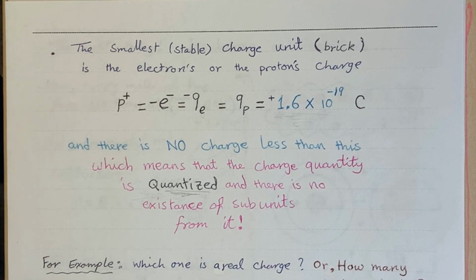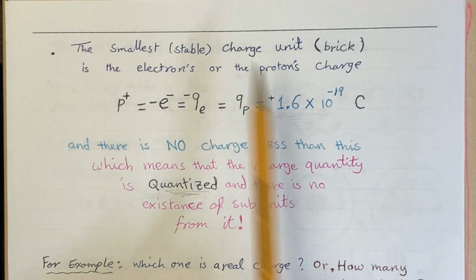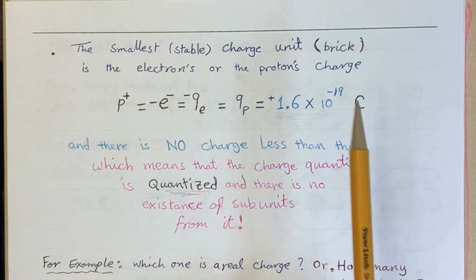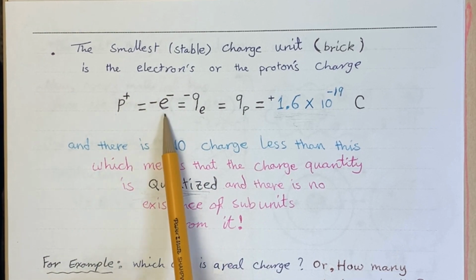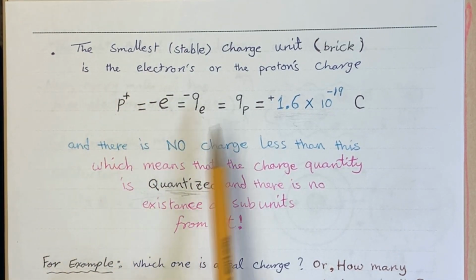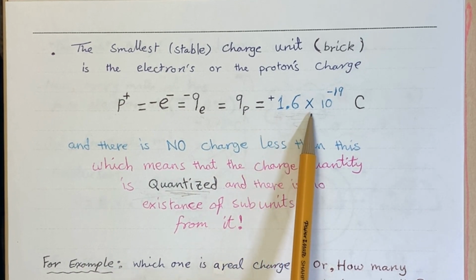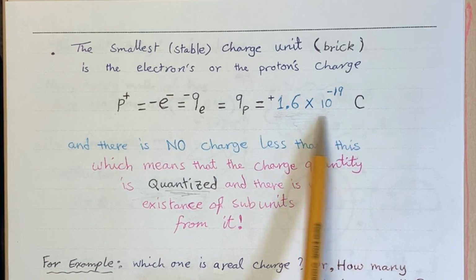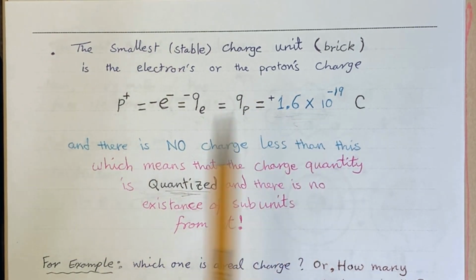And the smallest stable charge, or the brick to build the other charges, is the electron charge or the proton charge, which are the same with opposite sign, equal to 1.6 multiplied by 10 to the negative 19 coulomb, which is a small quantity.